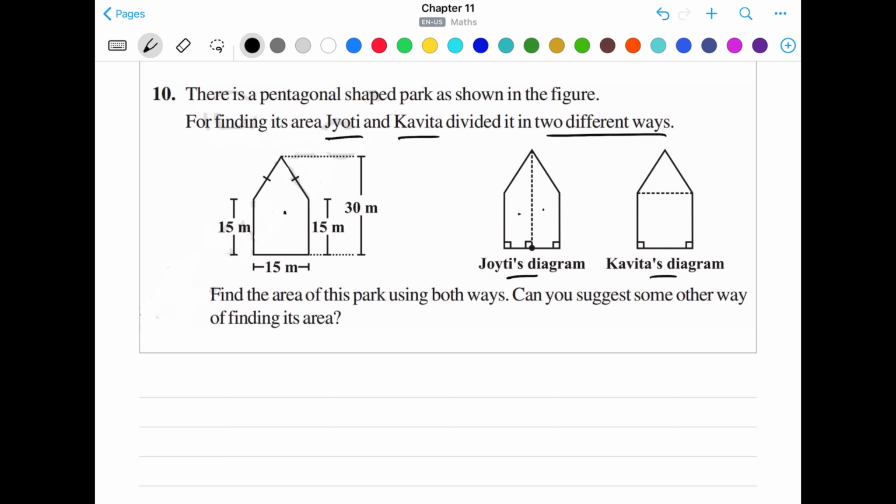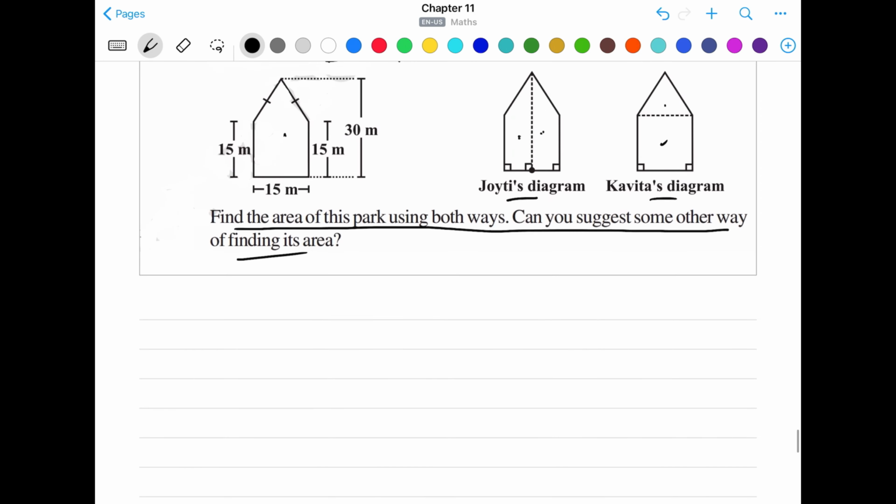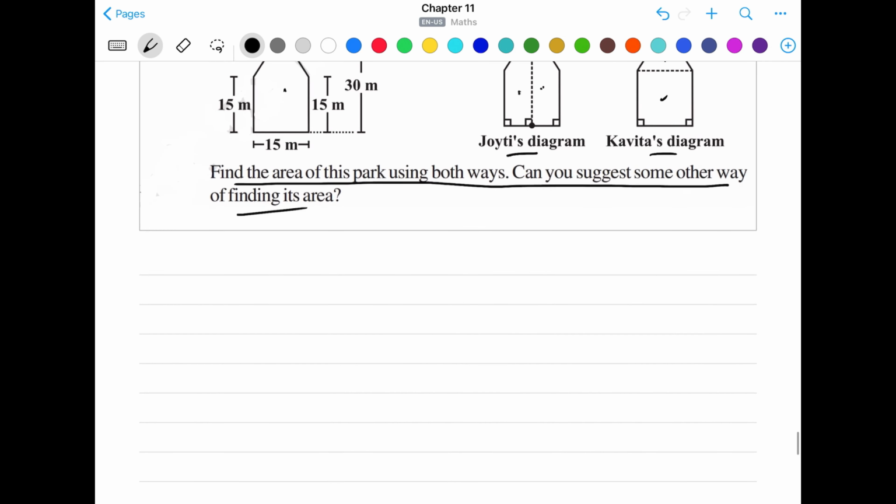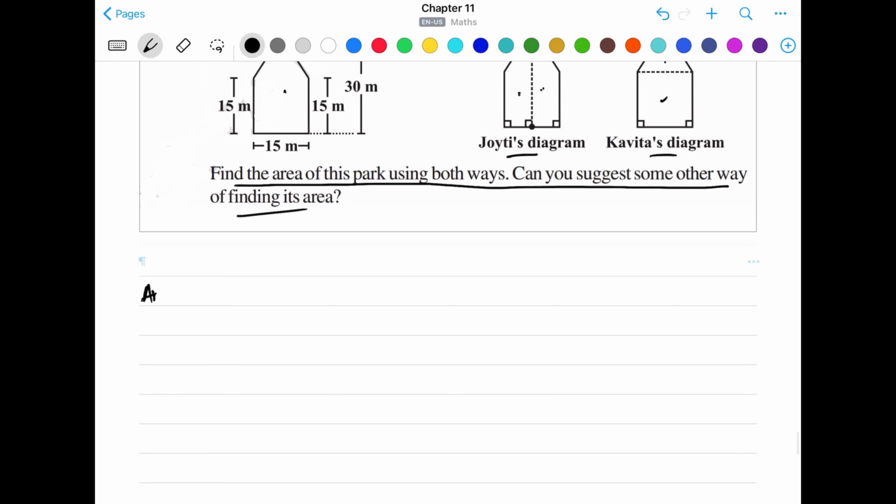Jyoti has divided it into two trapezium, while Kavita has divided it into a square and a triangle. Okay, so we have to find the area of this park using both ways. Can you suggest the other way to find the area? Okay, so what we're going to do is we're going to calculate the area of both the diagrams. Okay, so let's start the answer number 10.